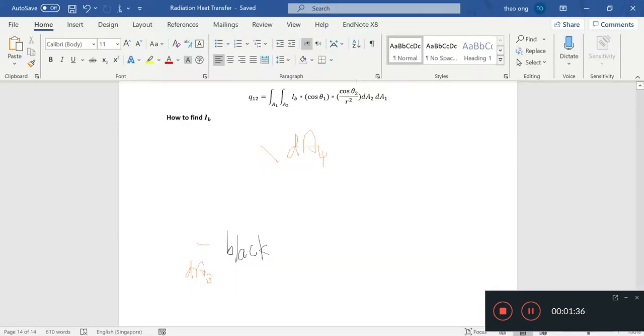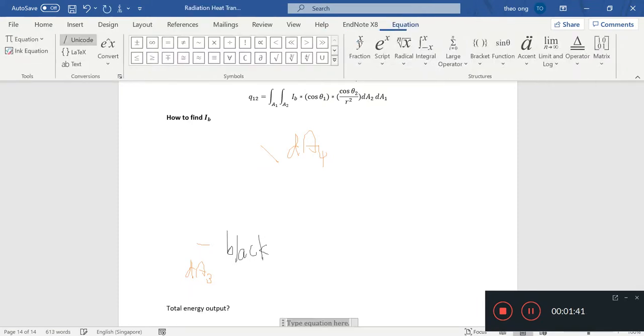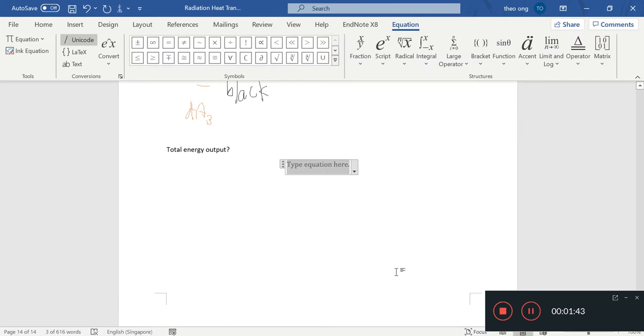Total energy output. This output is equal to the power per unit area times area. And what is this power per unit area then? This is n squared sigma T to the fourth, times the dA3.